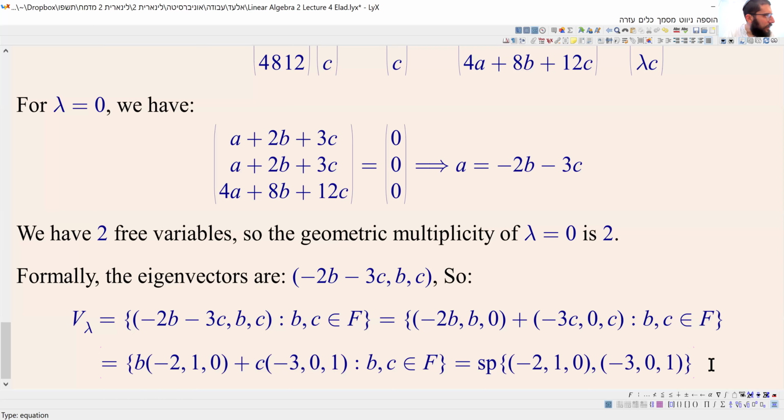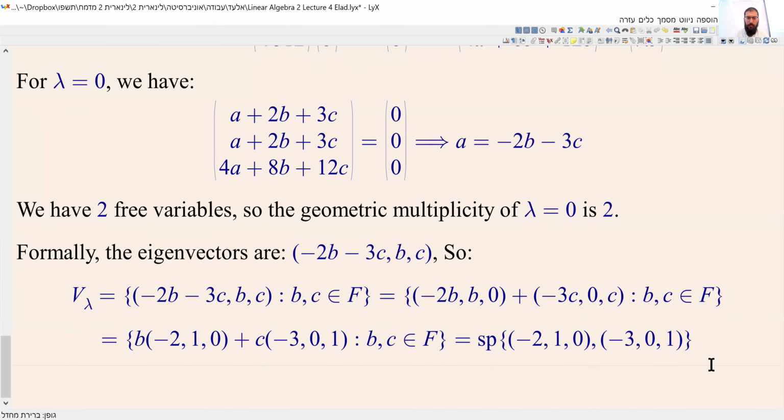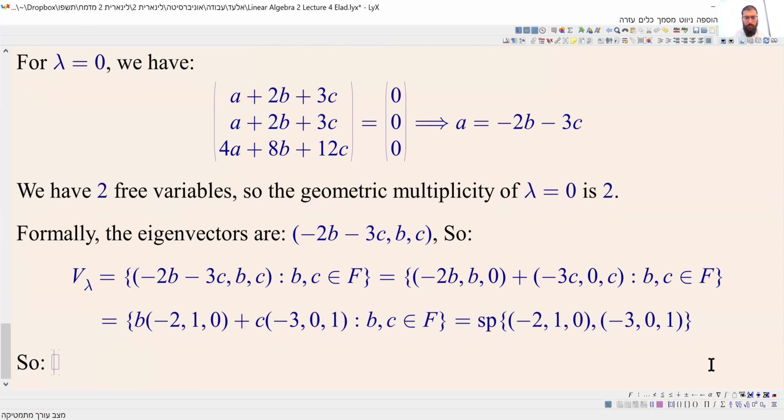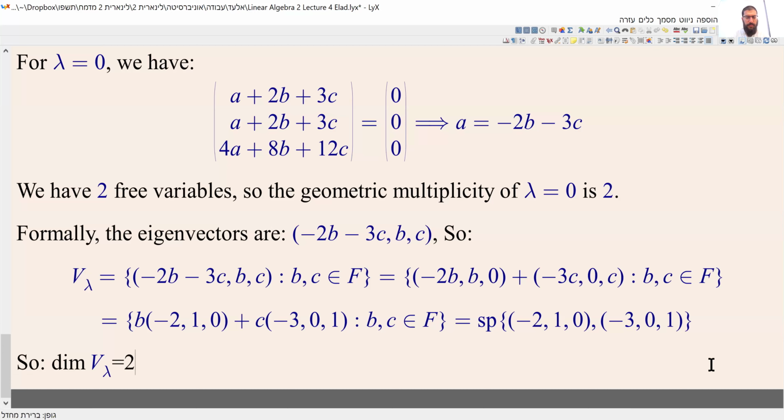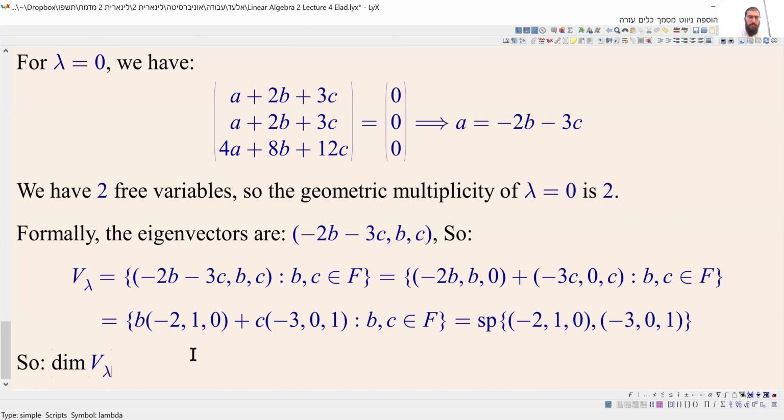There are two vectors in the spanning set. The vectors are not linearly dependent. They are linearly independent. So the dimension is 2. The dimension of V lambda is 2. One can write down V0 because lambda is 0 if you want.